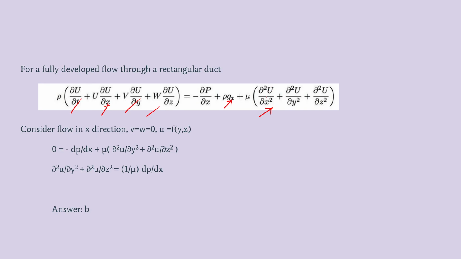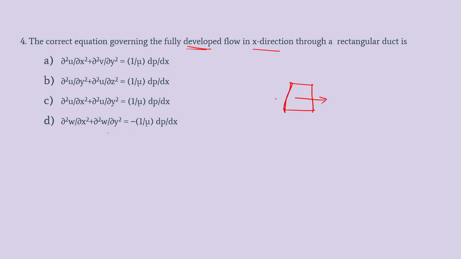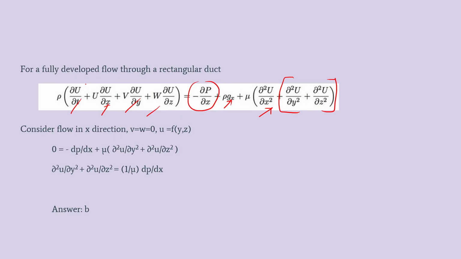Then only the existing terms will be this and this. So if we rearrange it, our answer will be dou square u by dou y square plus dou square u by dou z square is equal to 1 by mu into dp by dx. That is our second option, option B.